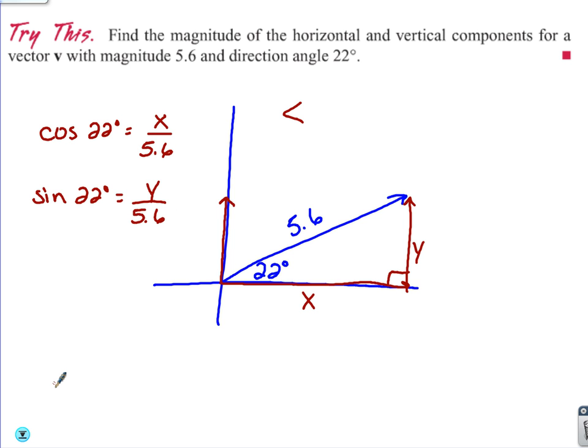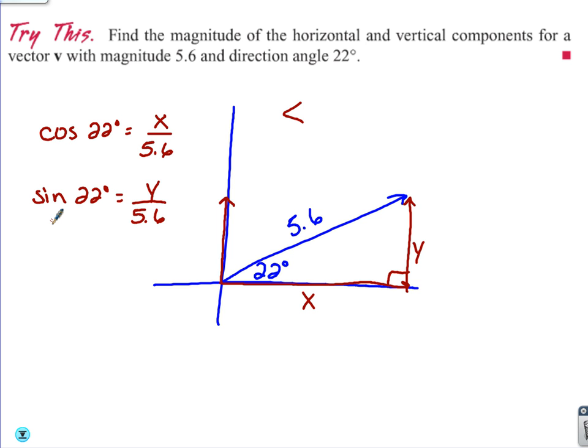So to find your horizontal component, will you always do the magnitude of your resultant vector times the cosine of your angle? Yes. To find your vertical component, will you always do the magnitude times the sine? Remember how closely related cosine is to x and sine is to y. Cosine goes with x, sine goes with y.